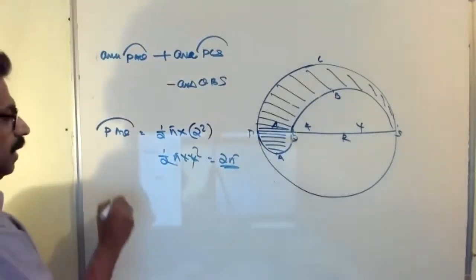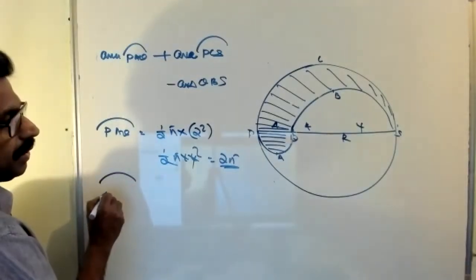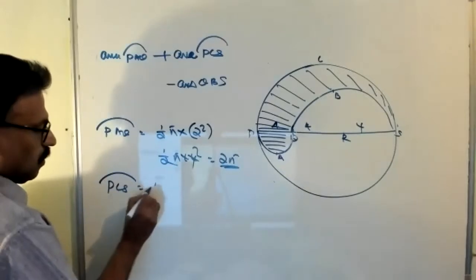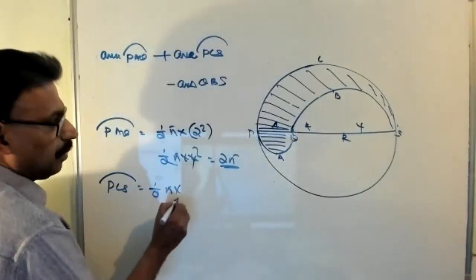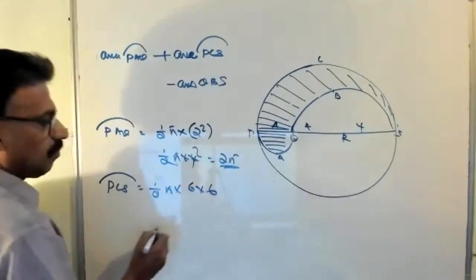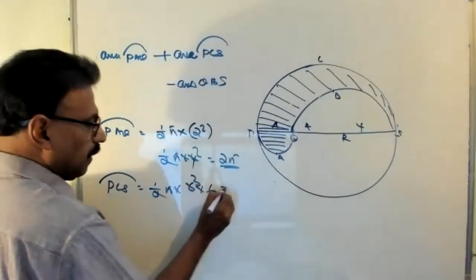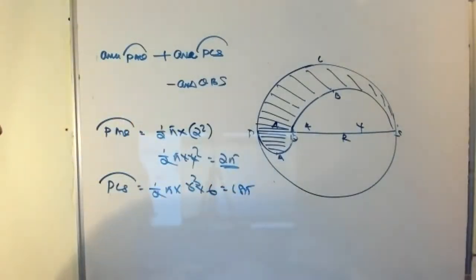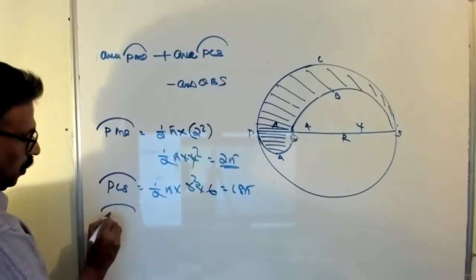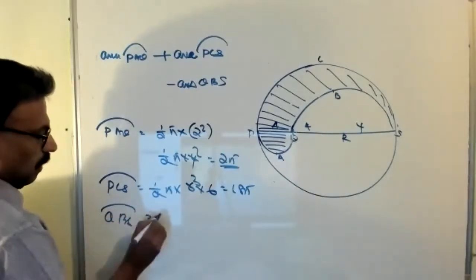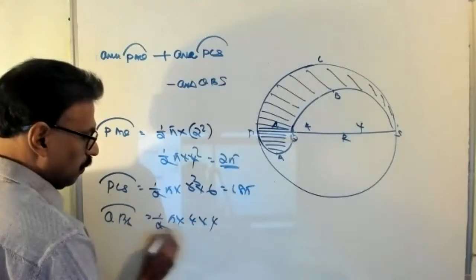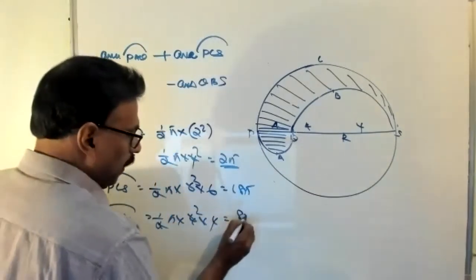Okay. Then area under PCS is half pi into 6 into 6, answer 18 pi. Okay. Area under QBS is half pi into 4 into 4, that is 8 pi.